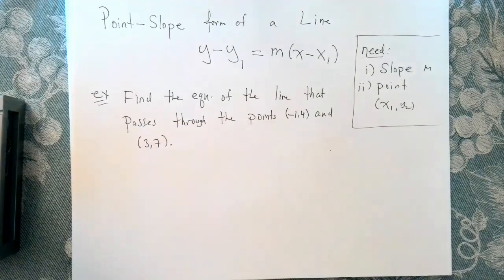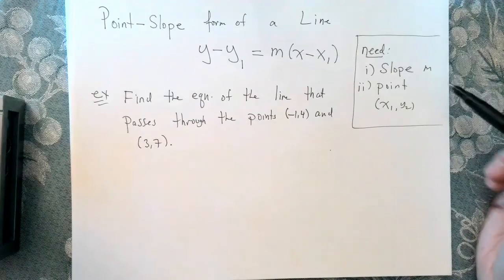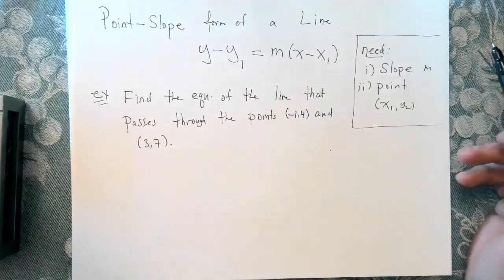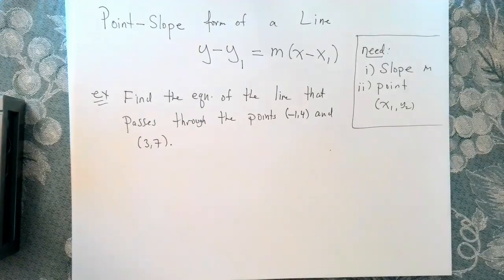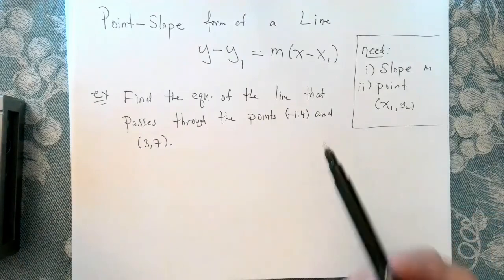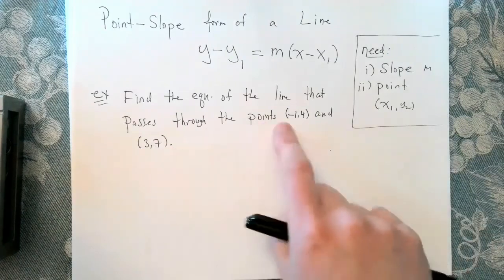So if I want to use this form of a line, just think about the two ingredients you need. You need a slope and you need a point. So you might be thinking, which point do I choose? It actually doesn't matter. You can choose either of these points for your single point.